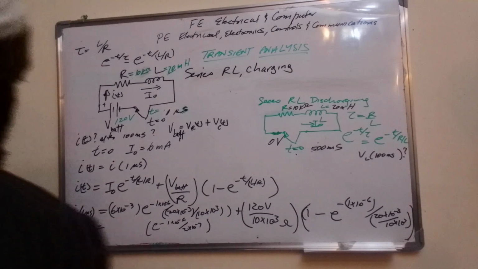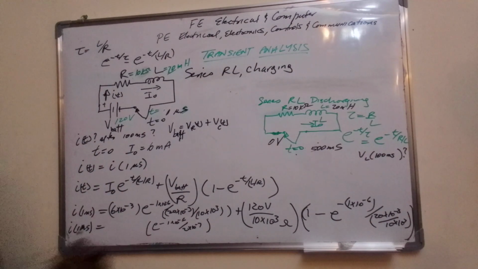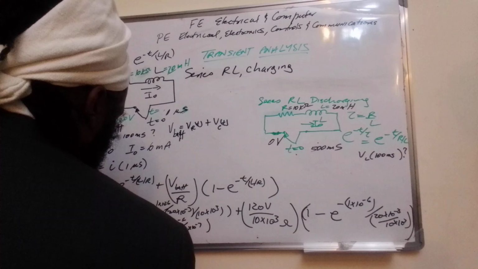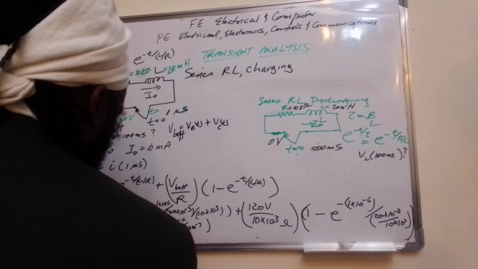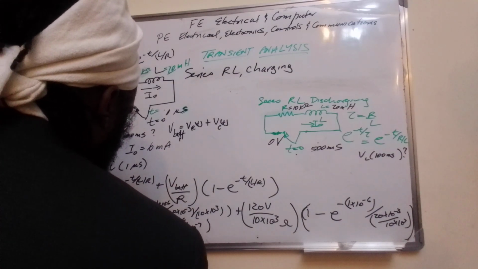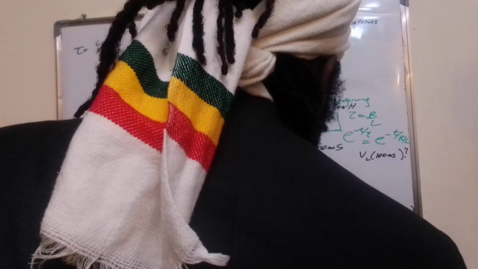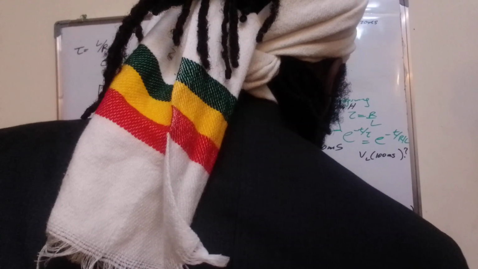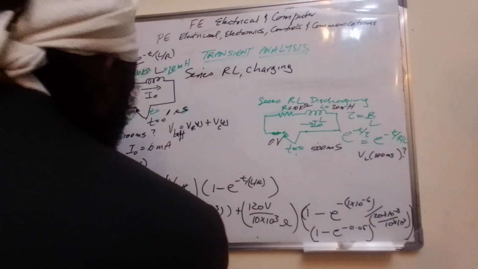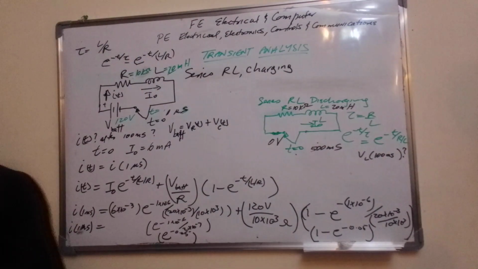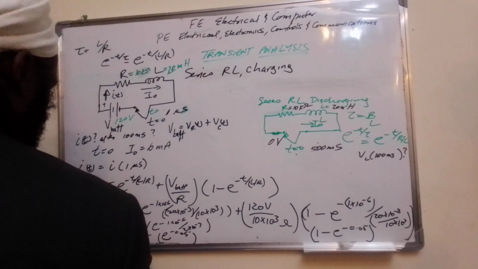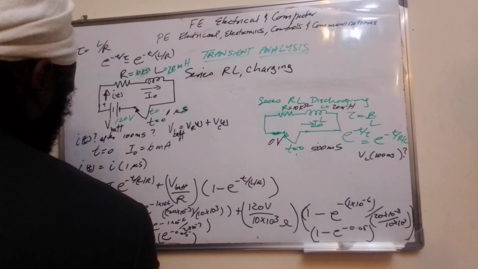So all this becomes e to the minus 0.05. Again, this is going to be 1 minus e to the minus 0.05 here, right? Multiplied by 6 times 10 to the minus 3.